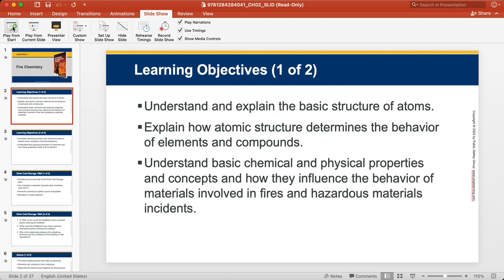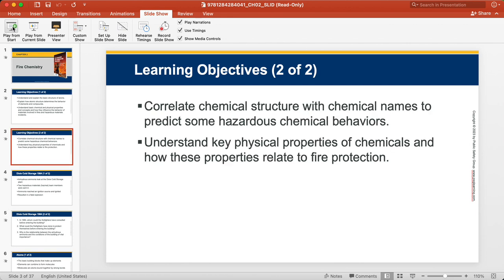Our learning objectives for this week are to understand and explain the basic structure of atoms, explain how atomic structure determines the behavior of elements and compounds, and understand basic chemical and physical properties and concepts and how they influence the behavior of materials involved in fires and hazardous material incidents. We're going to correlate chemical structure with chemical names to predict some hazardous chemical behaviors.